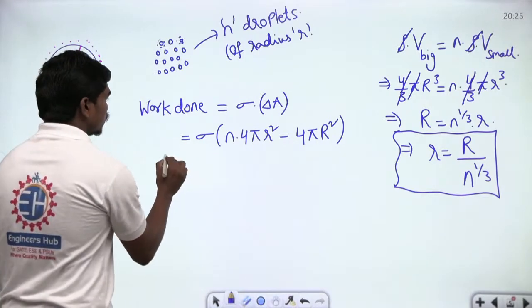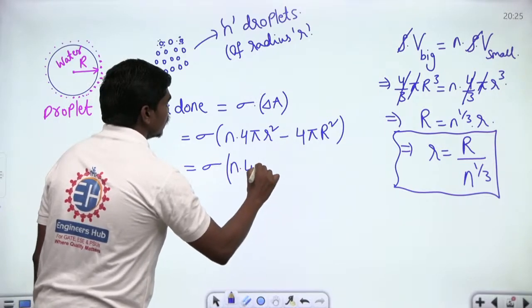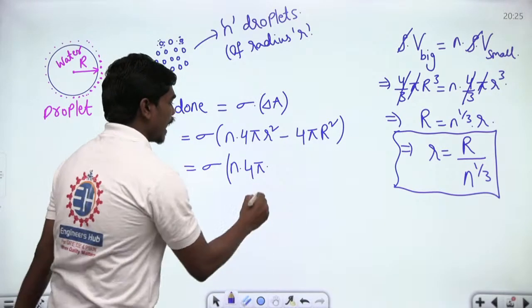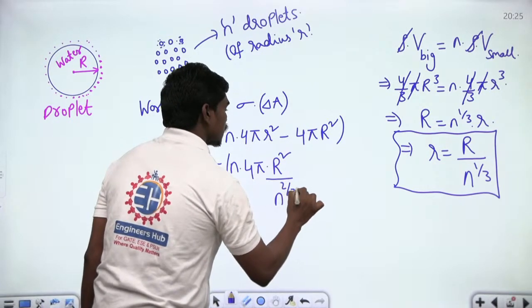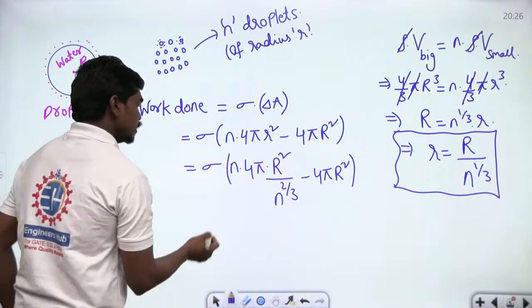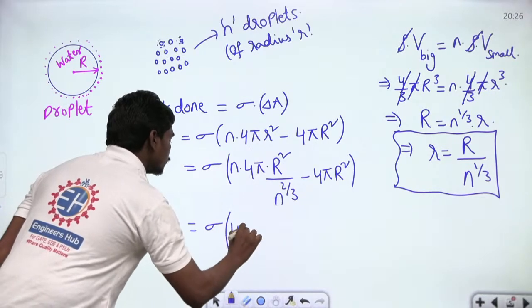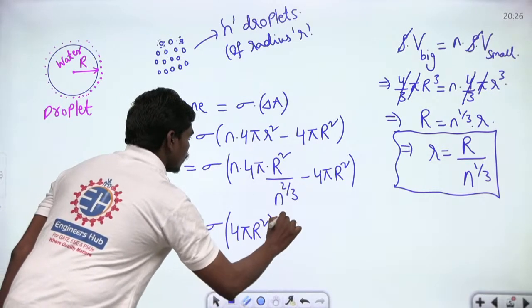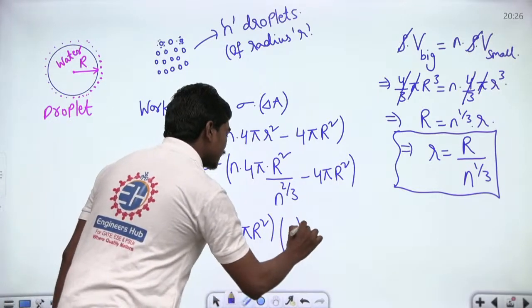So see here. This is equal to sigma into n times 4 pi, this small r can be written as capital R square by n power 2/3, minus 4 pi R square. So if you make the calculations, 4 pi R square you can take out. So sigma into 4 pi R square into n divided by n power 2 by 3, which is n power 1 by 3, minus 1.